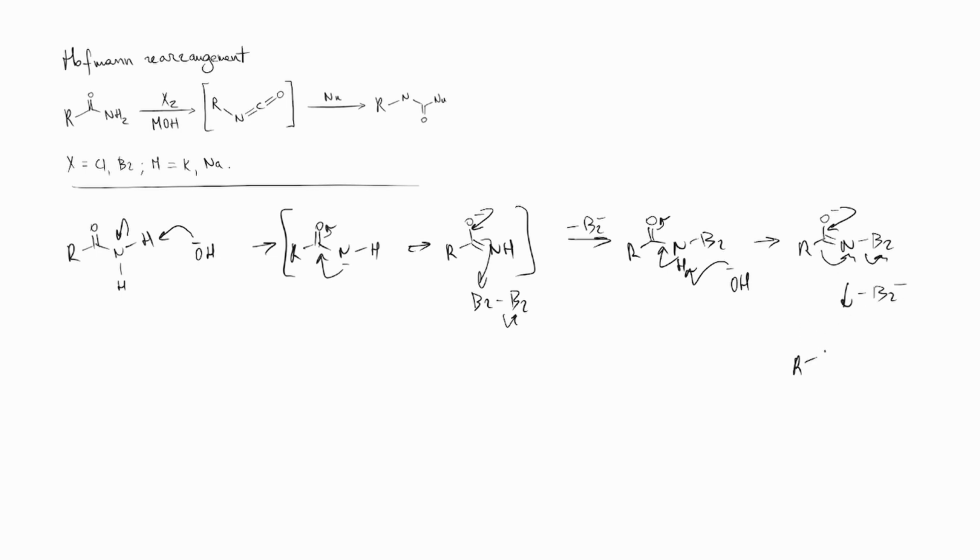And we arrive at our intermediate isocyanate. And usually the reaction medium is made so that some nucleophiles are present in the environment, and let's just generally mark them as a nucleophile.